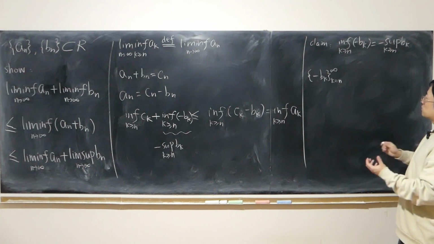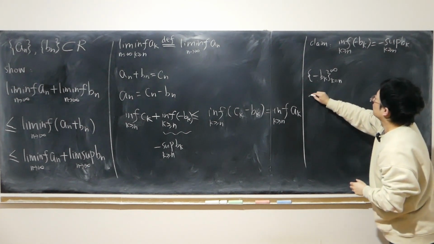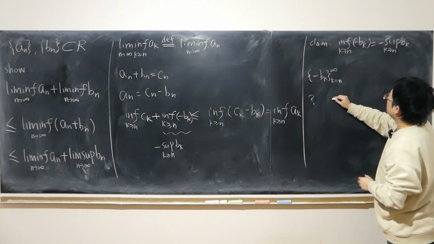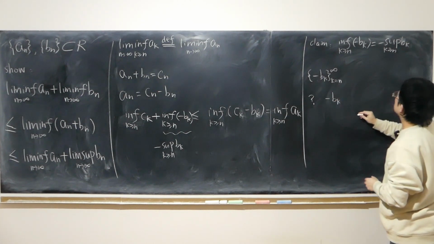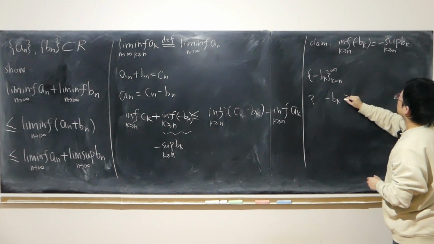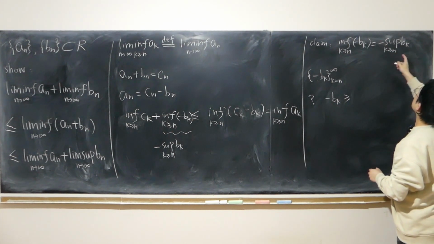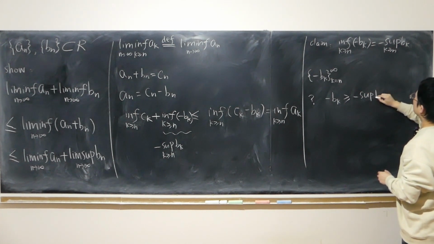Right? First of all, why is it a lower bound? Because can we show that any element from here is bigger than or equal to this constant? Treat it as a constant, right? It's already a constant. Negative supremum Bk.